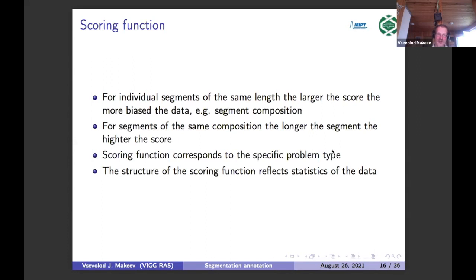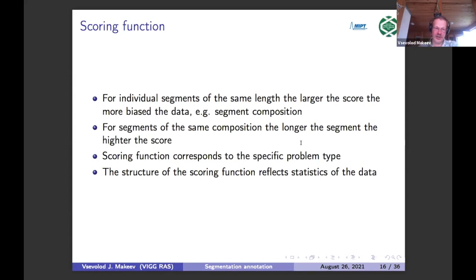It must, for instance, attain maximum for the segmentation we consider the best, giving homogeneous segments, as homogeneous as possible. And also it must have the property that if you've got a boundary splitting a segment into two, then the value of the objective function for the whole thing must be the sum of two parts.